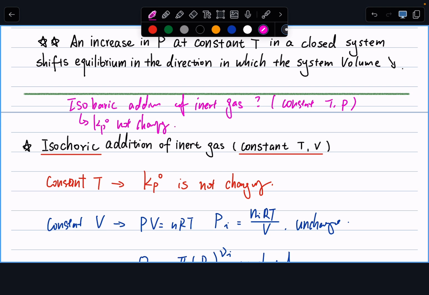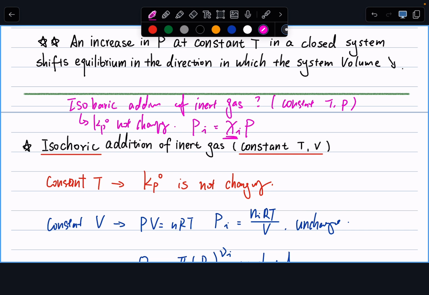Right, but what about the partial pressure? Now my partial pressure equals the mole fraction of each species times the total pressure. So in the case of constant temperature and pressure, addition of the inert gas into the reaction mixture actually changes the mole fraction of your reactant or product, and thus has an effect on the equilibrium. So this is what I mean by paying attention to reading the question carefully. Don't jump to the conclusion too fast.